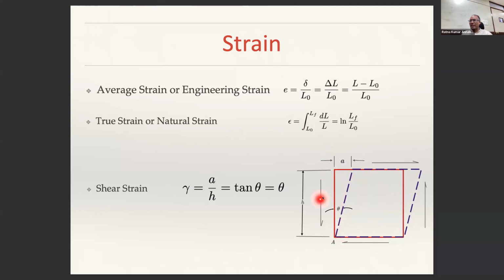Then this vertical line will change its angle to theta. So shear strain gamma is equal to A by H, which is tan theta. For very small values of theta, tan theta will become equal to theta. That is how you will represent shear strain.